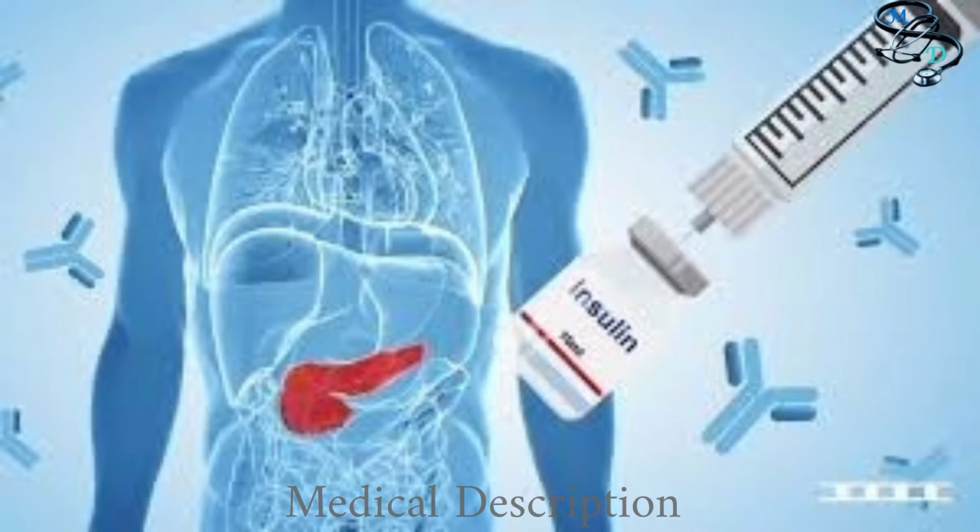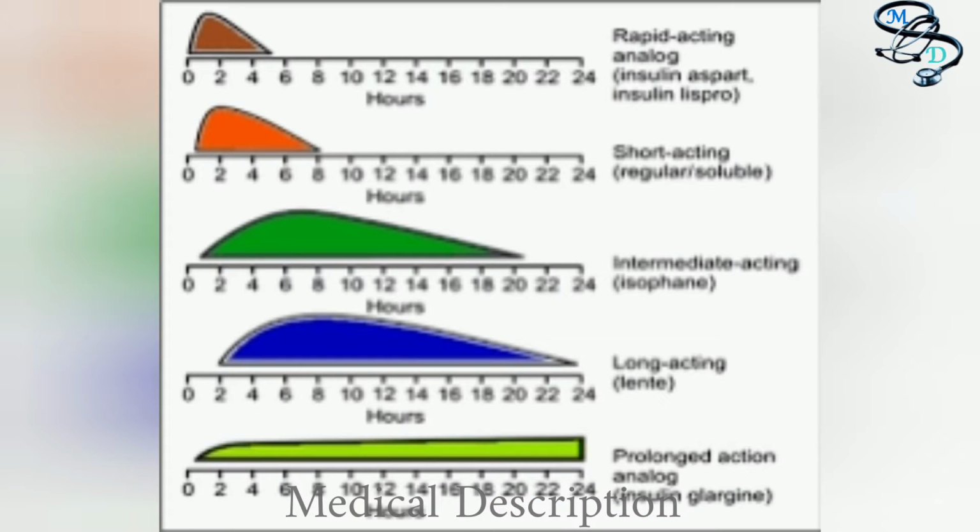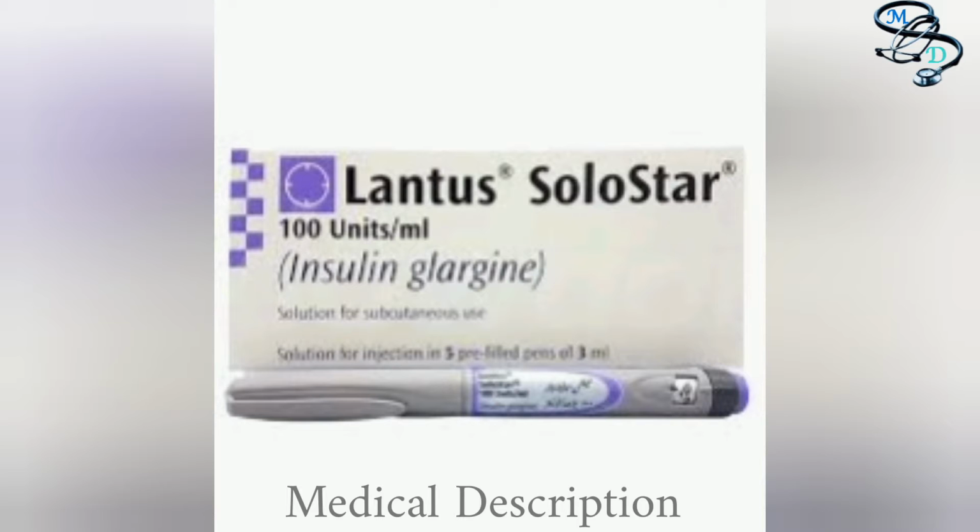It means that the larger the dose, the longer the effect or duration. In contrast, insulin analogs have a more predictable duration of action. The rapid-acting insulin analogs work more quickly, and the long-acting insulin analogs last longer and have a more even, peakless effect.